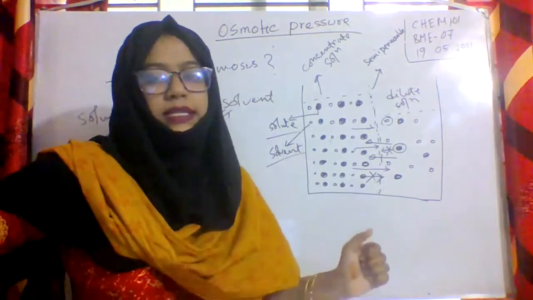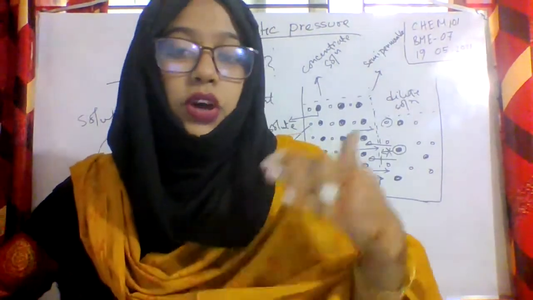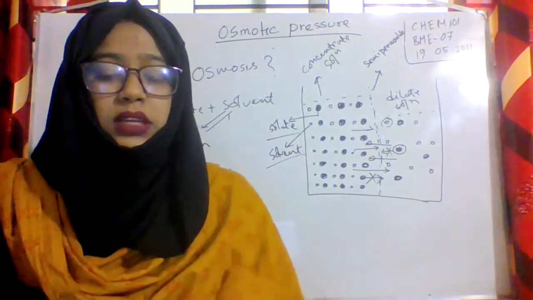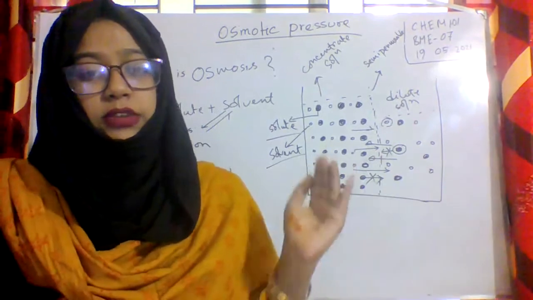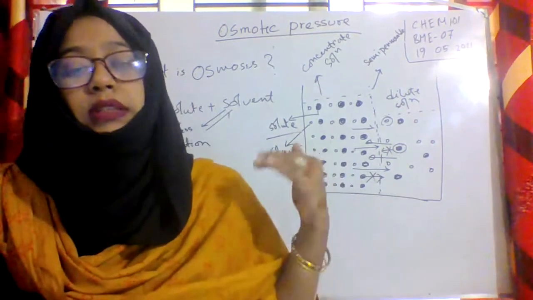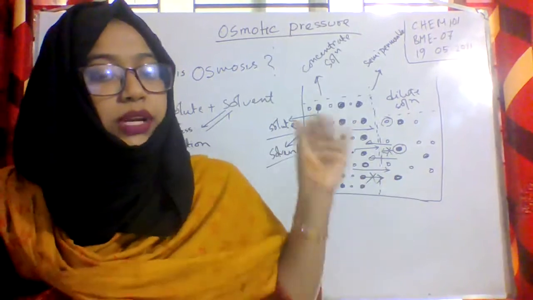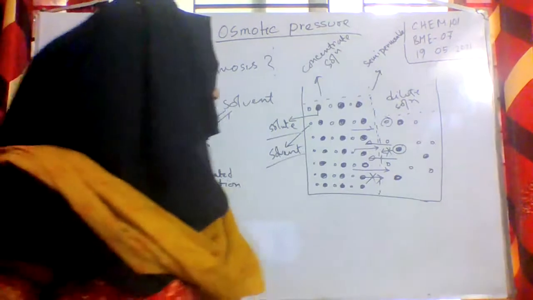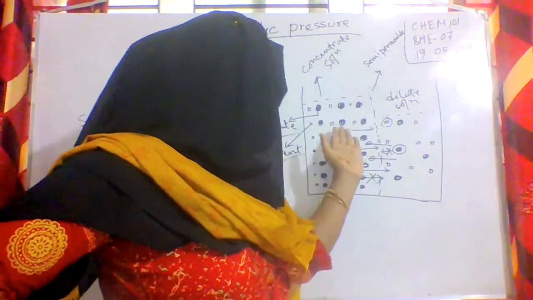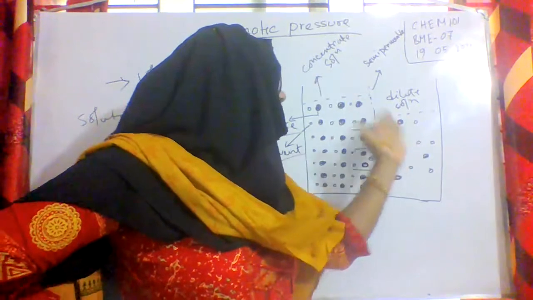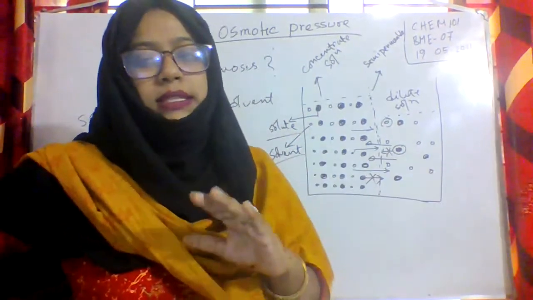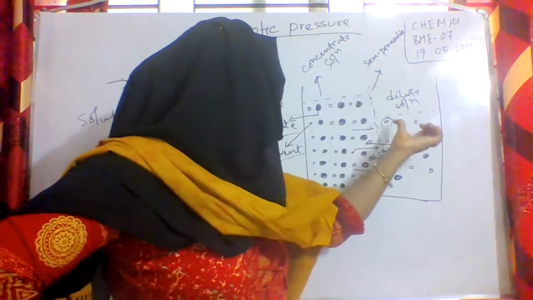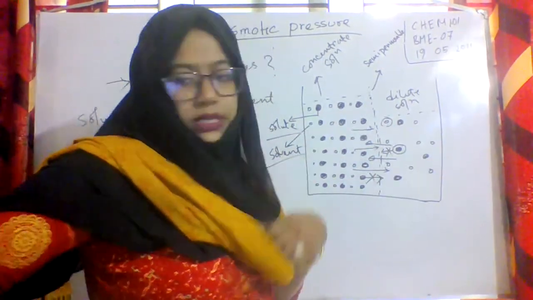But in osmosis, since the solute cannot go through the semi-permeable membrane, osmosis is the process or the flow of the solvent through a semi-permeable membrane. Okay. You can say from here or from here also, but in both cases you have to mention clearly about this solution, whether it is dilute or concentrated. Okay.